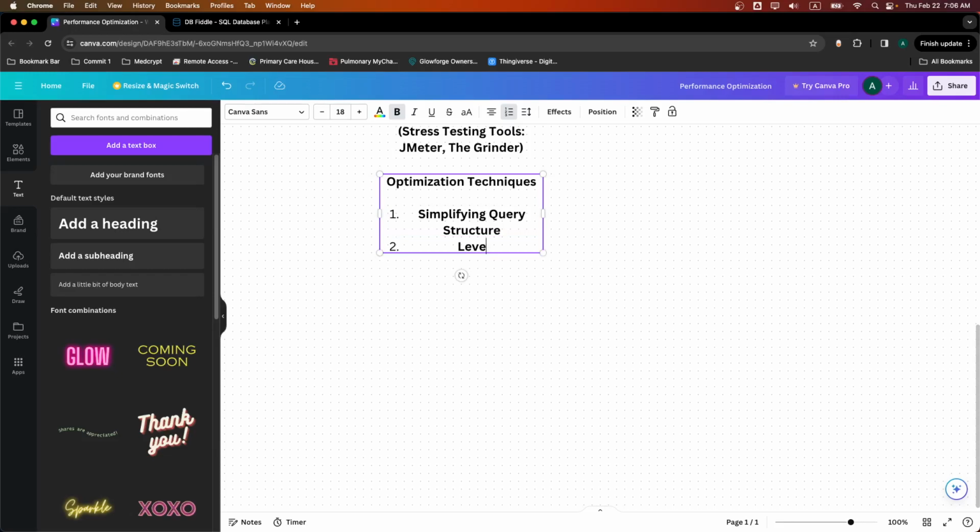Then indexing, you need to leverage indexing. What it means is you have to create appropriate indices. You need to regularly update and rebuild the indices to ensure that the changes you are making are relevant, and you need to maintain the indices.